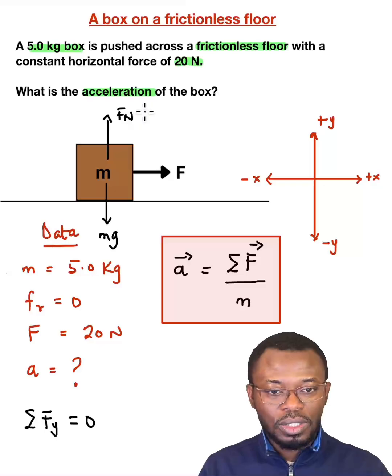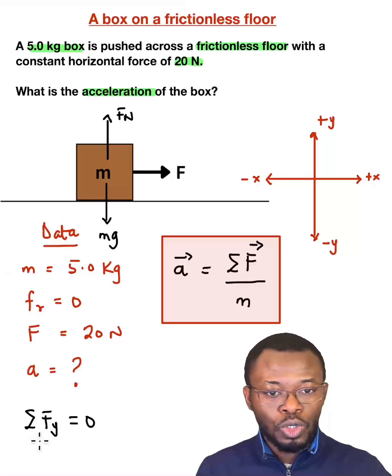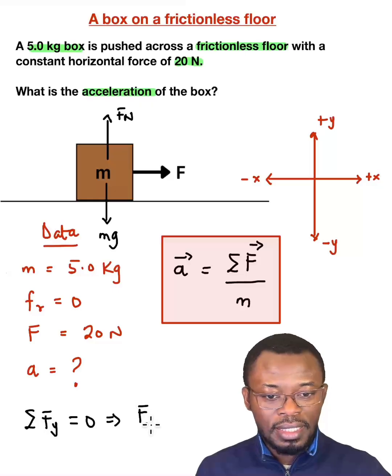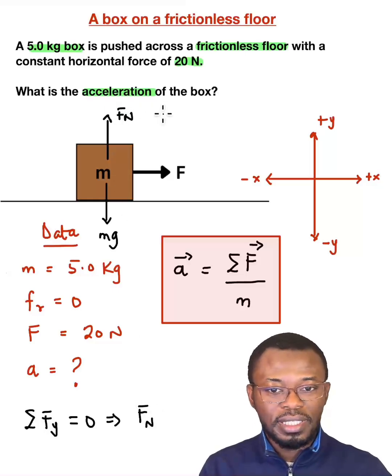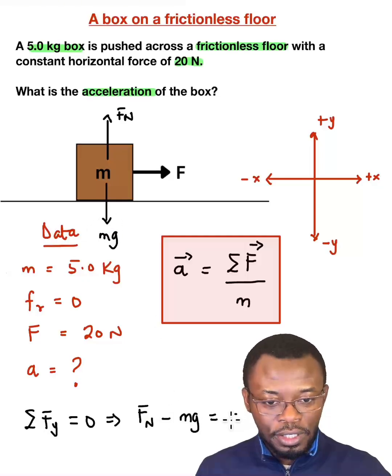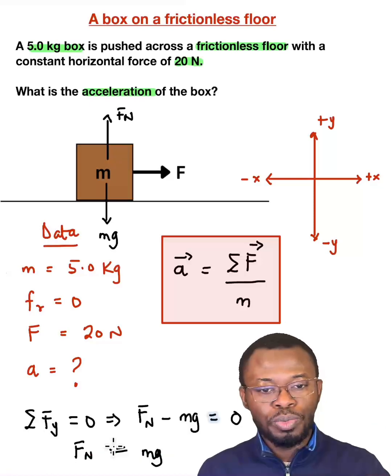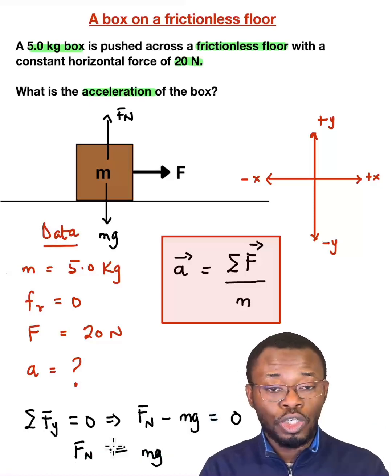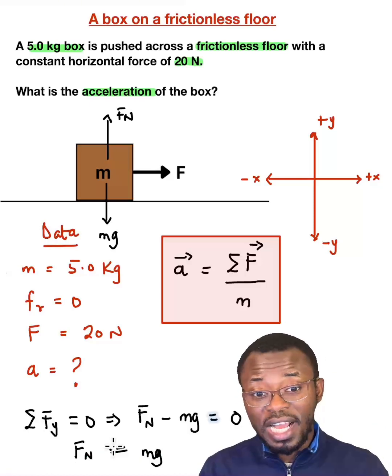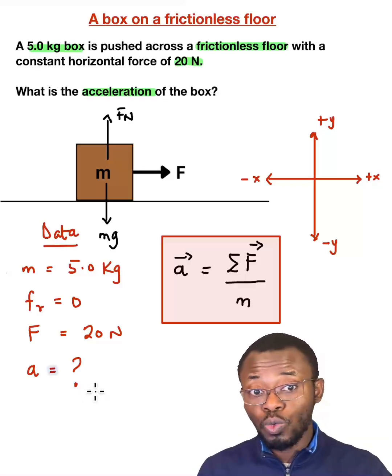The sum of all these vertical forces along the y direction is Fn, which points upwards so it is positive per our coordinate system, minus mg, the weight of this block, equal to 0. So the normal force is equal to the weight of this block. For the vertical component, the net force is equal to 0, meaning there is no acceleration. Now let's focus on the horizontal component because that is where the motion is happening.